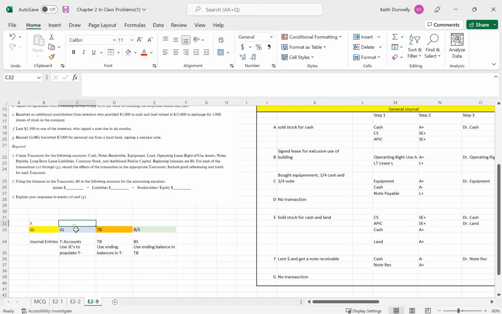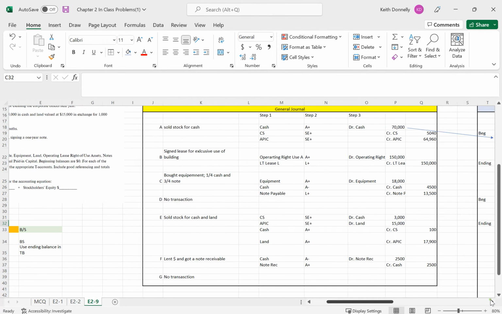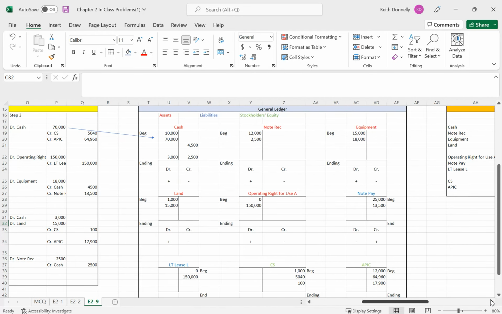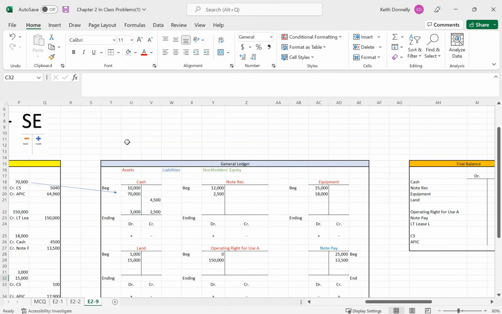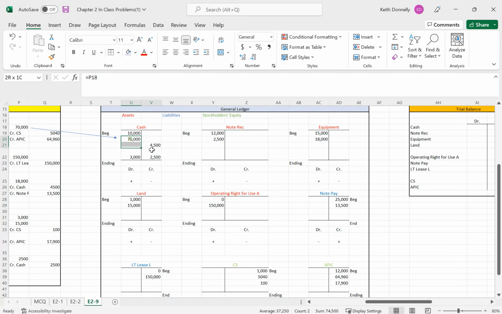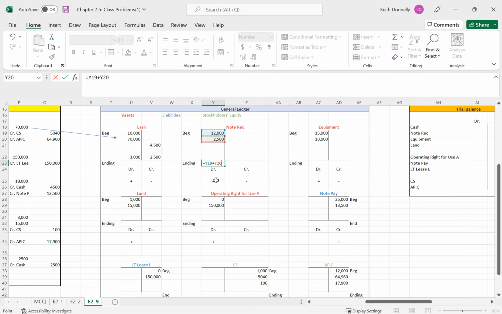Cross that off. Now we have to kind of finalize this general ledger over here, right? We got our beginning balances from that balance sheet, and then the middle stuff we populated from the journal entries. So what we're going to do here, right, is just add them up. So we'll have that plus that, right, because the plus is on that side.